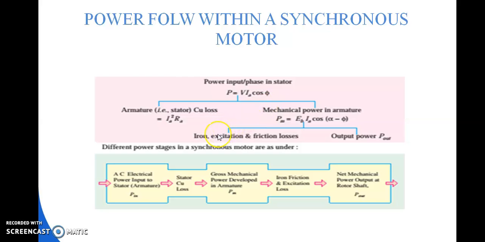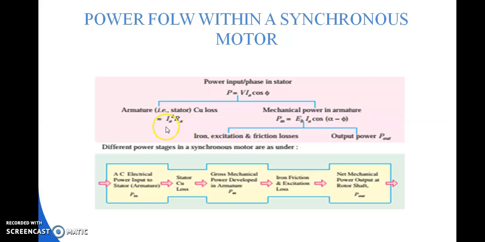Here we can see the power flow diagram. This is the power input per phase in the stator, P equals V into I into cos phi. For this same power, two things can appear: one is armature copper loss, another is mechanical power in the armature.